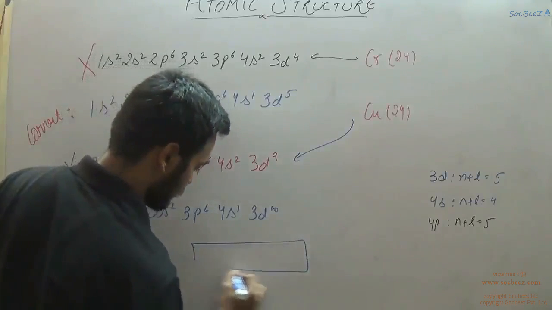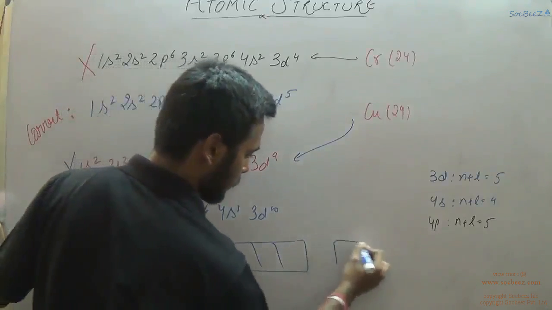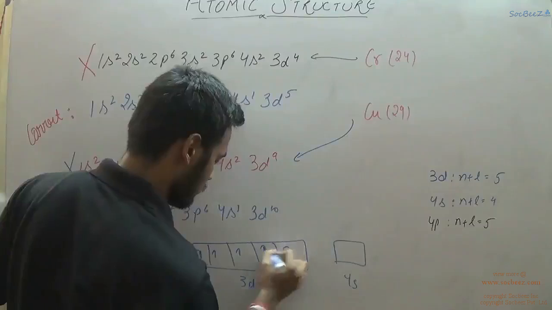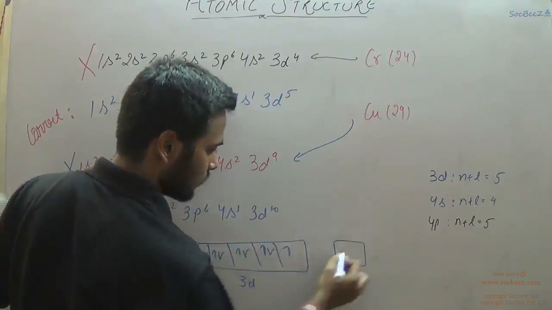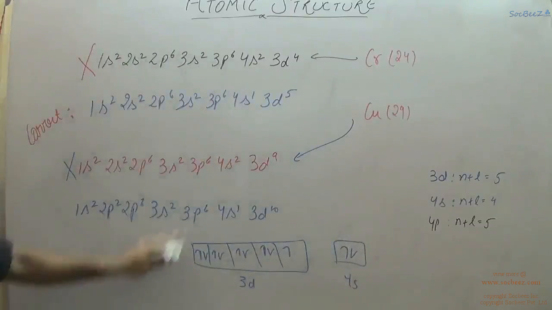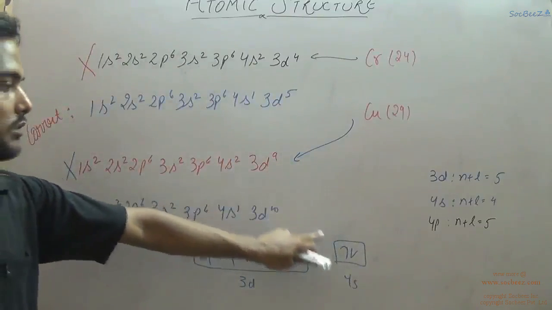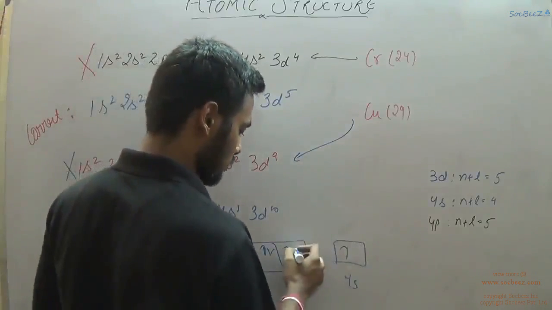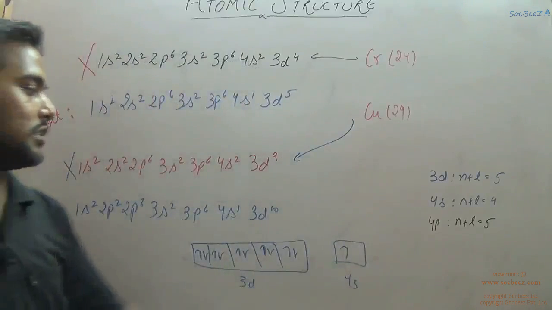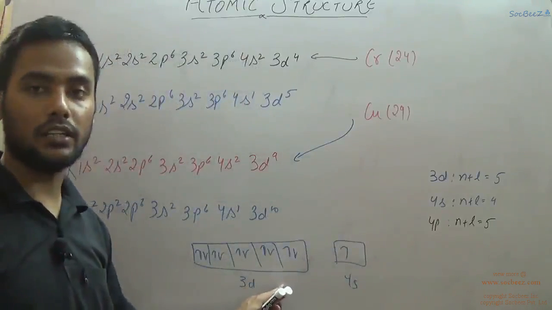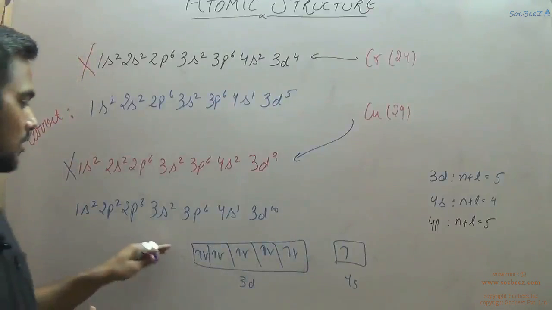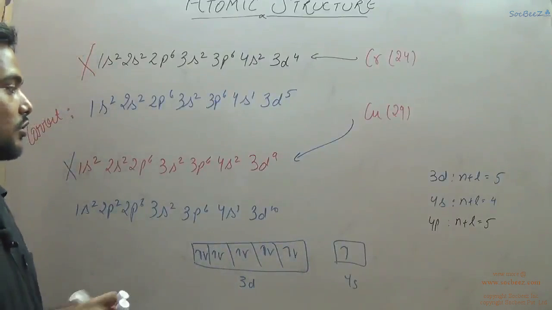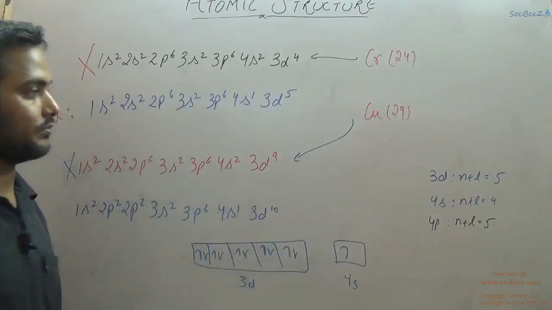Using the same arguments, this is 4s, this is 3d. This arrangement is less stable than this arrangement. Therefore, if one electron jumps from the 4s orbital to the 3d orbital, then this arrangement becomes more stable. So the correct electronic structure for copper is this, not this.